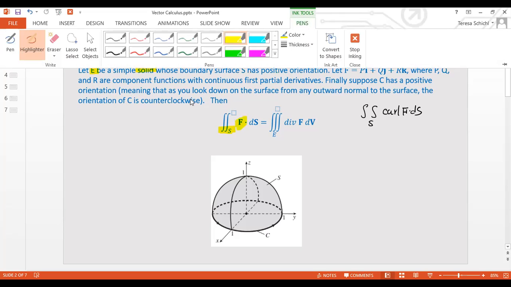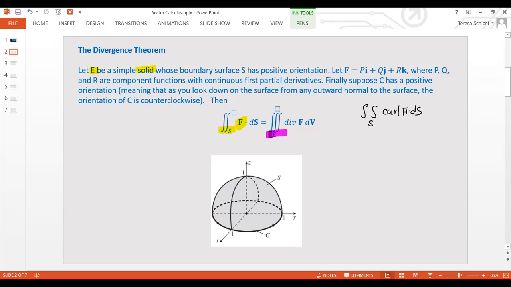We said it can be changed to the typical, classical triple integral over this solid, over the volume, using the divergence of the function F. That is what we call the divergence theorem. And we're going to show some examples, and you will see this really simplifies our calculations.